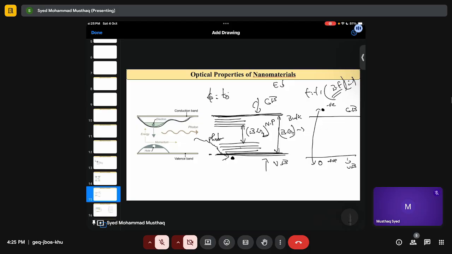There is a jump of electron from here into here, and you have your holes here.